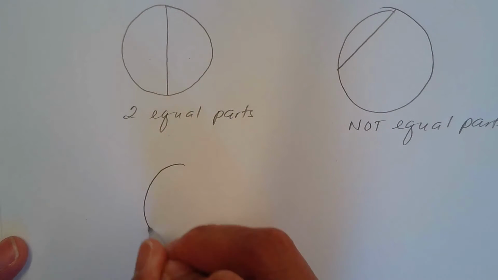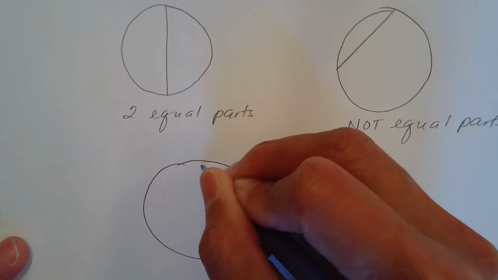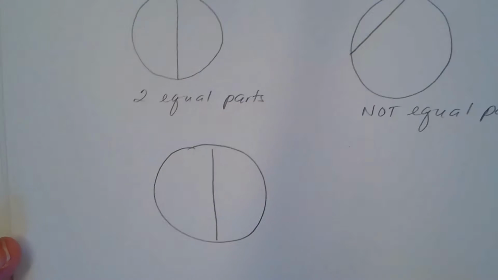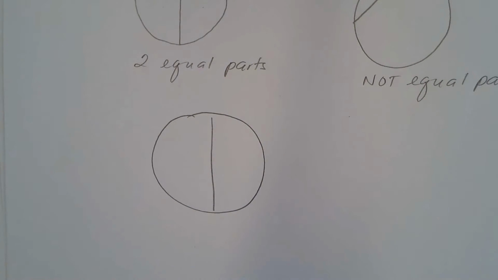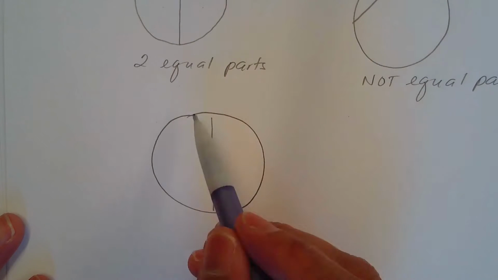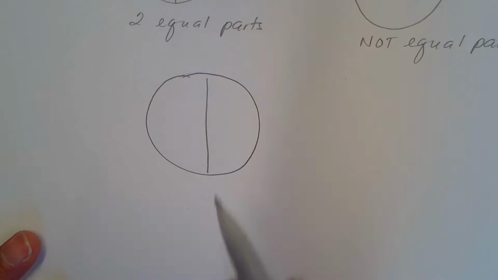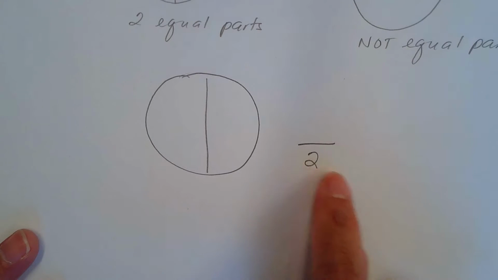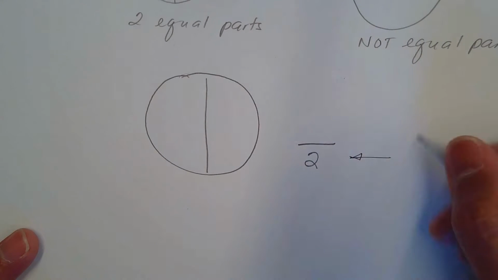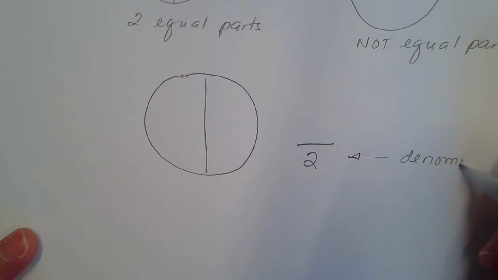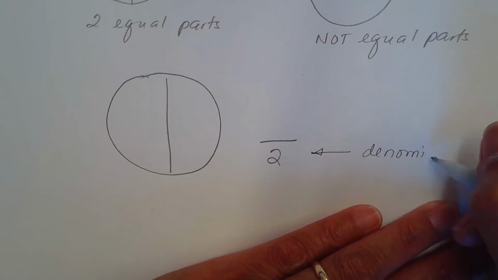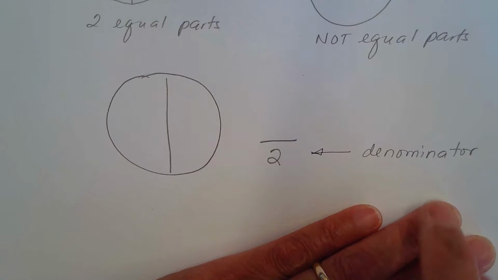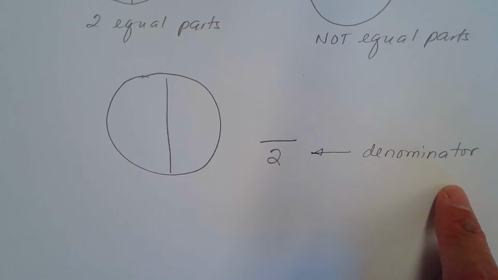Usually when we look at fractions, it's like a pie, right? But it doesn't have to be always a pie or some circle. So this one has 2 equal parts. That would be the denominator. The denominator tells us how many equal parts there are.